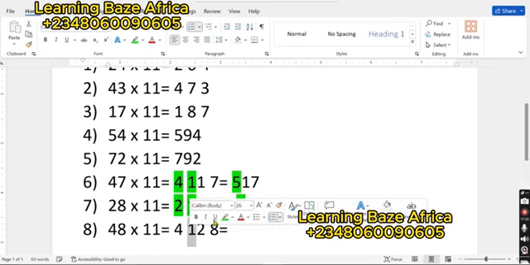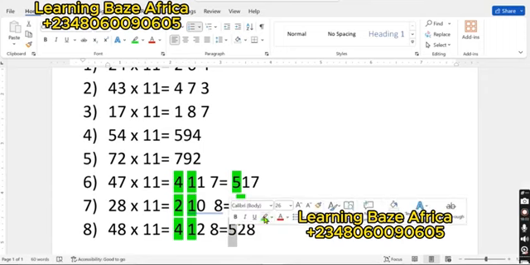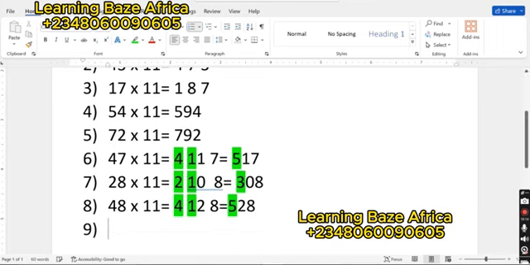So we're going to carry the digit 1 over to the left to be added to the digit 4. That's why they have the same color. So 4 plus 1 will give us 5. Then we have 2 left and 8 also left. So the answer is 528. That's amazing, right?